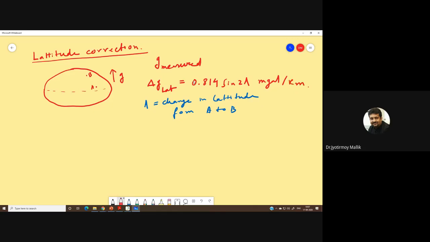Now, of course, because the gravity actually decreases towards the pole, the g value decreases towards the pole.